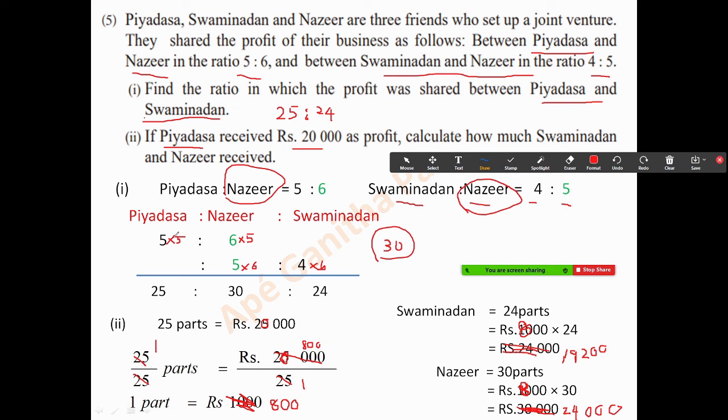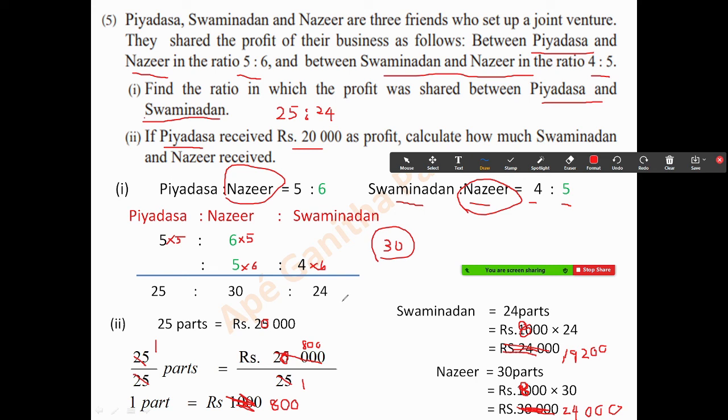Now get the LCM of 6 and 5, that is 30. 6 into 5, 30, so multiply this part also by 5. 5 into 6, 30, so multiply this part also by 6. So when you multiply, you will get 25 to 30 to 24.